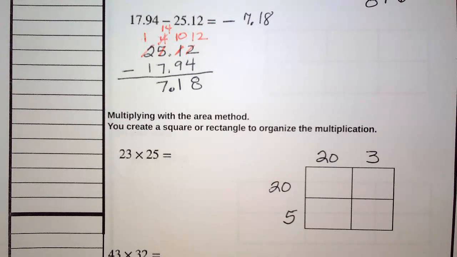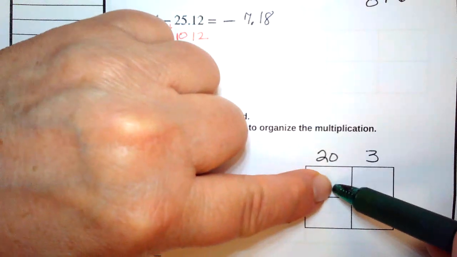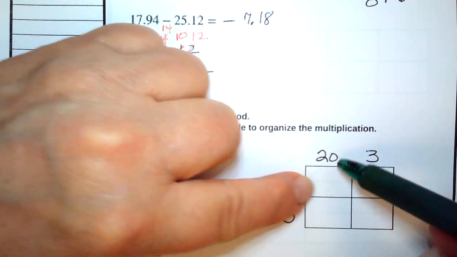You are going to multiply. You're going to pretend that you've got a perfectly vertical and a perfectly horizontal line coming together.